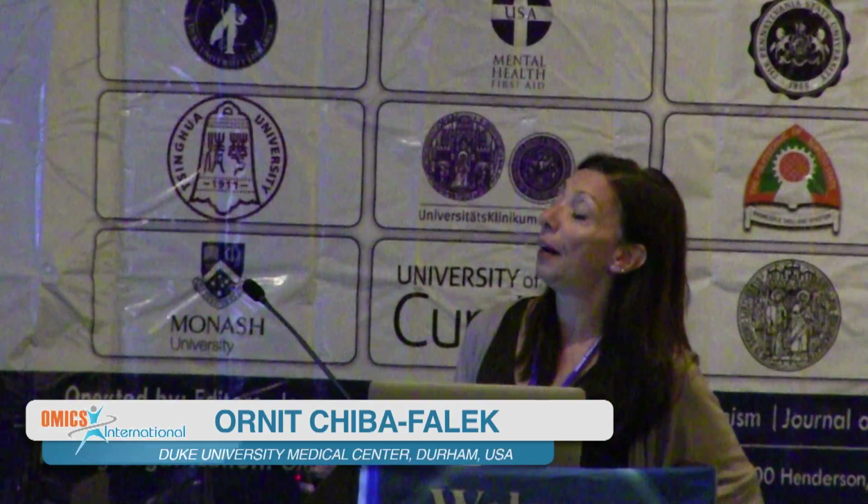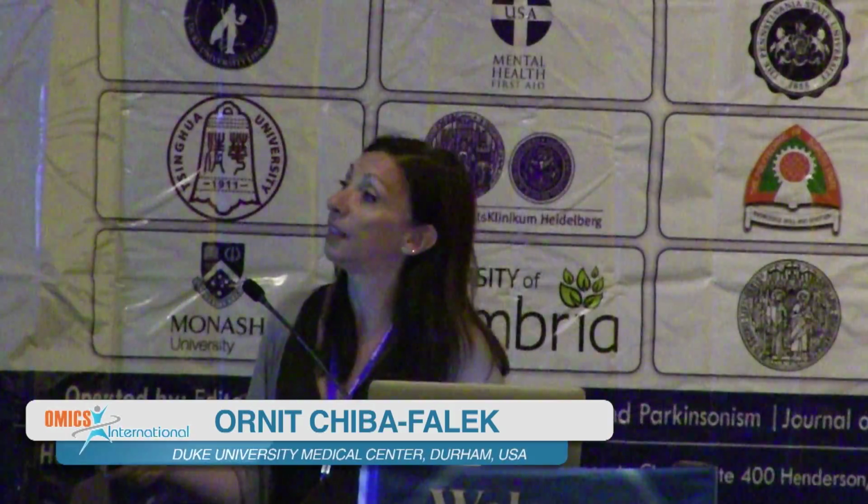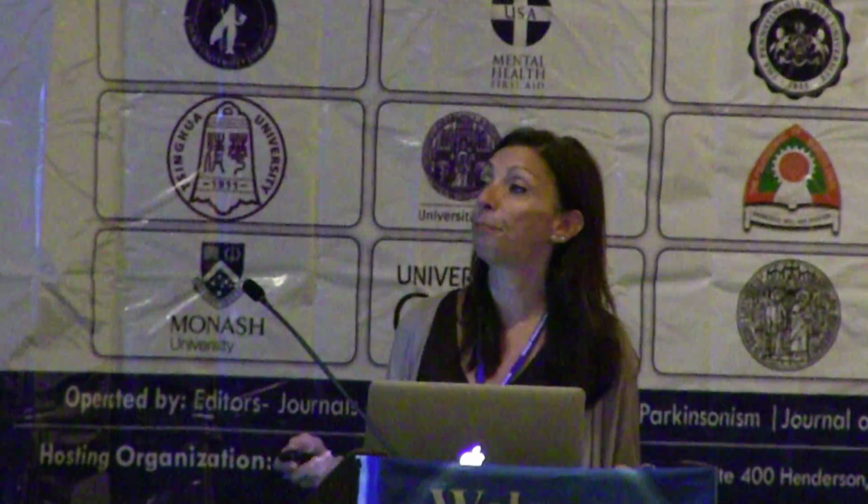So these are the descriptions of our study population. They are all from the Triangle area of North Carolina. We give the characterization by age, gender, education, all the data that we collected by questionnaires, the data that we collected by neuropsychological testing, and our genotyping data.